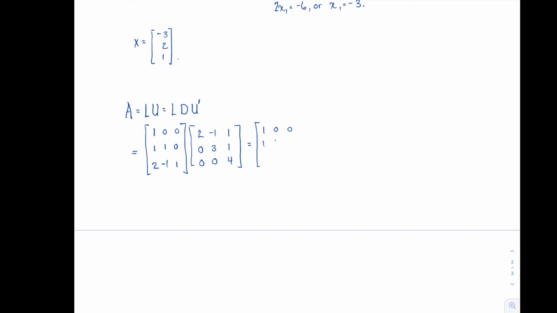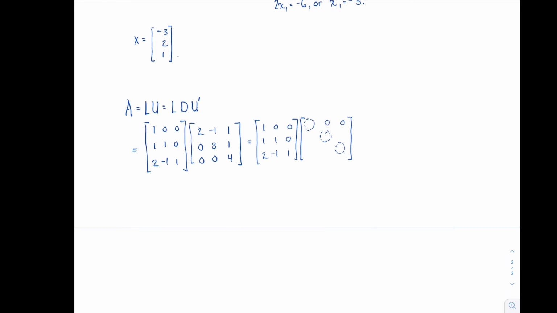So L, I'm going to copy again: 1, 0, 0, 1, 1, 0, 2, minus 1, 1. Now, D stands for diagonal matrix, and that's all a diagonal matrix has, elements on the diagonal, one in the top left, one in the center, since it's 3 by 3, and one in the bottom right. The rest of the matrix is just all zeros. 0 here, here, here.